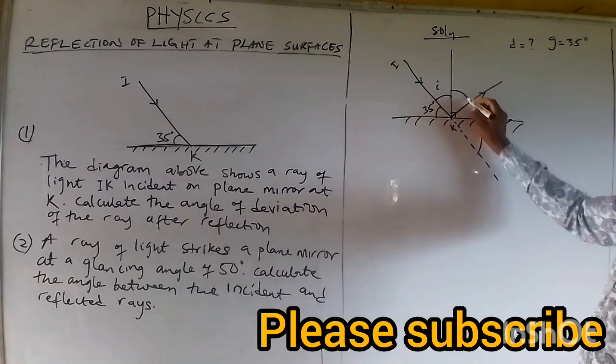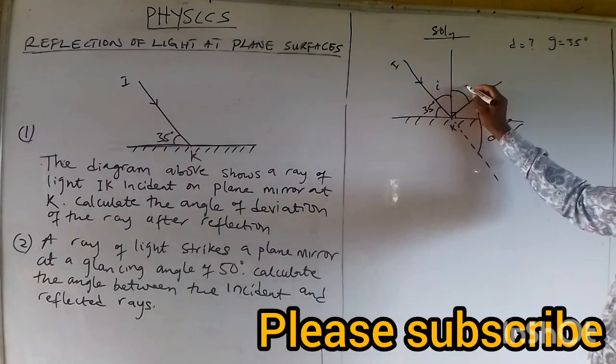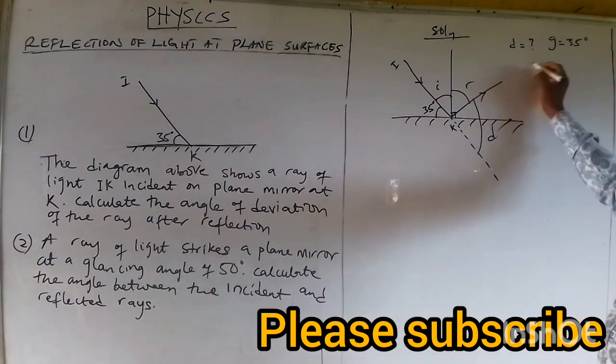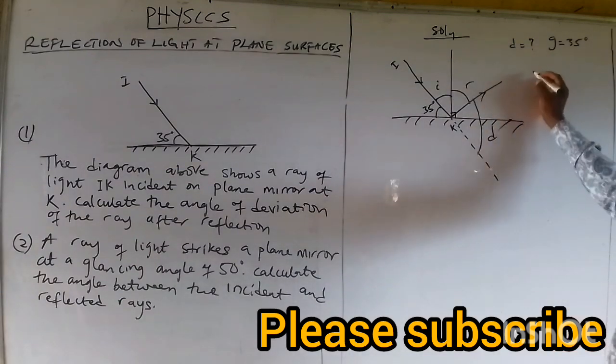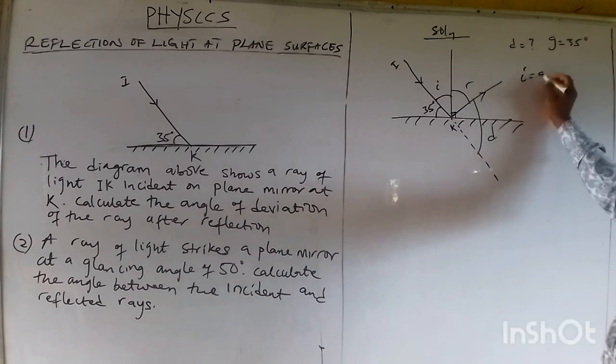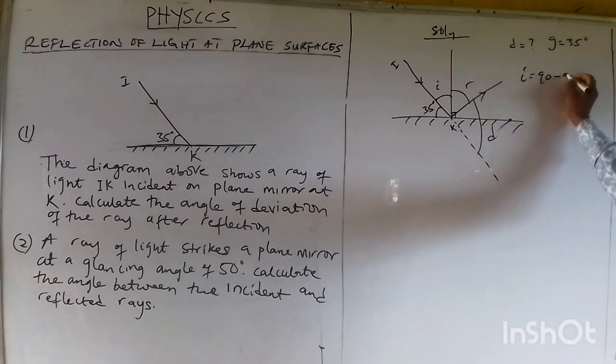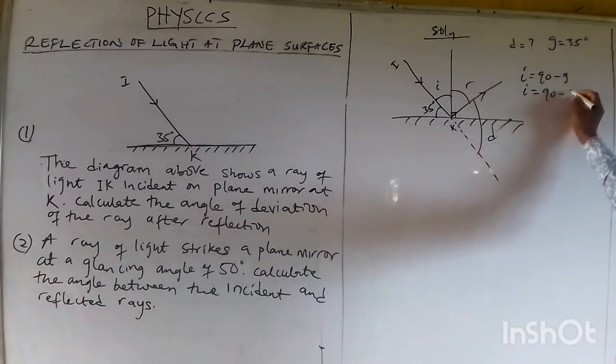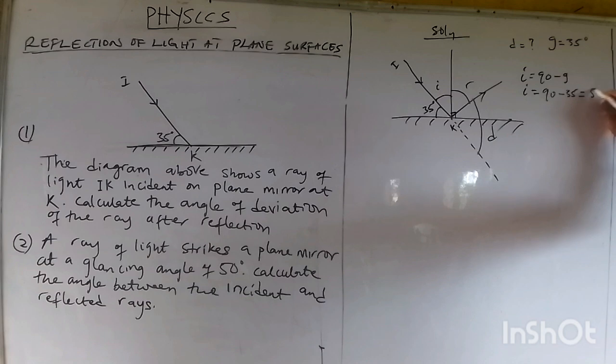Remember, this side is our angle of reflection. Now, recall our second formula. Our second formula says that the angle of incidence is equal to 90 degrees minus the angle of glance. Therefore, I is equal to 90 minus 35, which is 55 degrees.